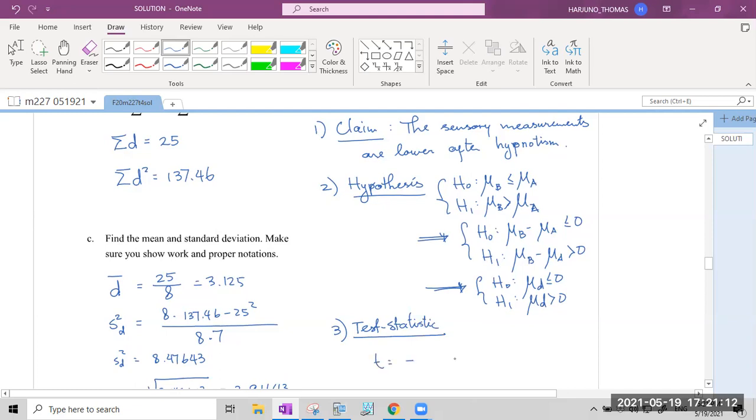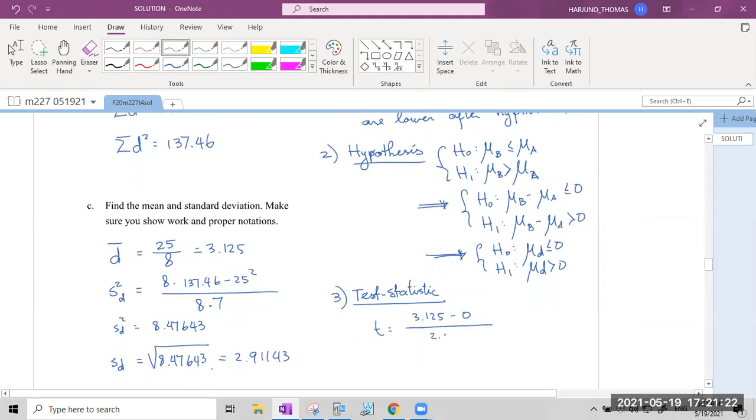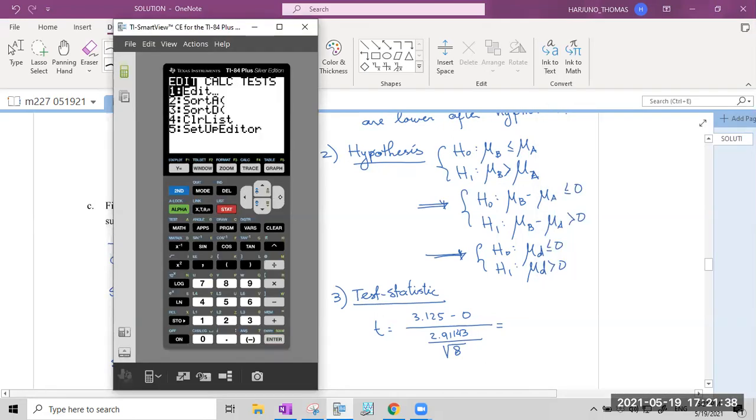T equals D bar, 3.125 minus mu D, which is 0, over SD, which is 2.91143 over square root of 8. You know what? I'll use my calculator again. I go to stat, test, T test.